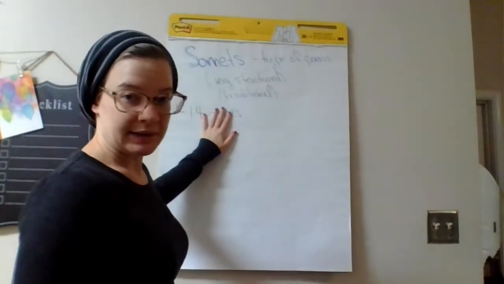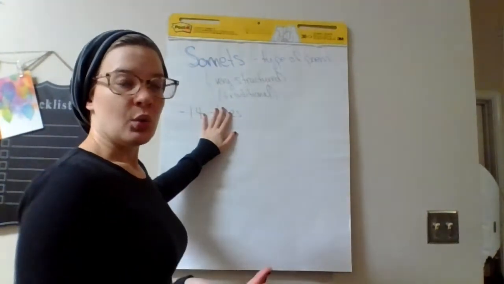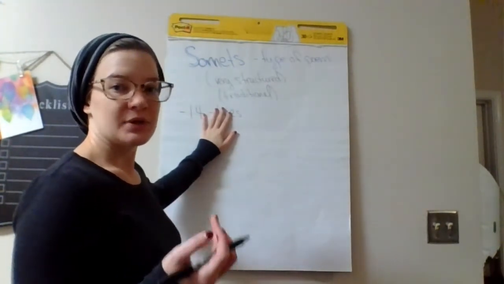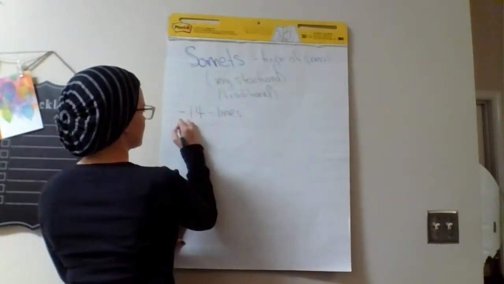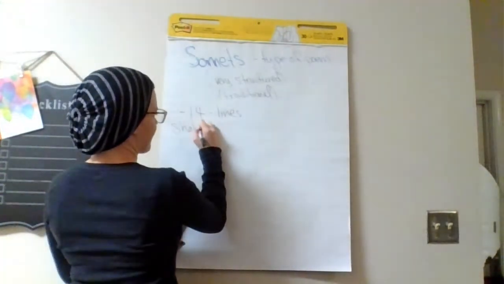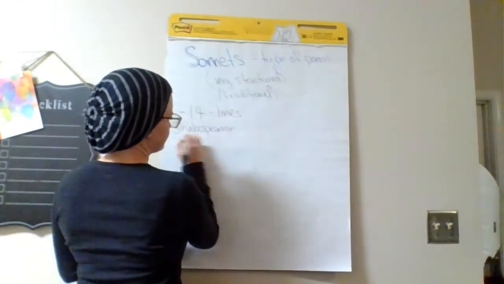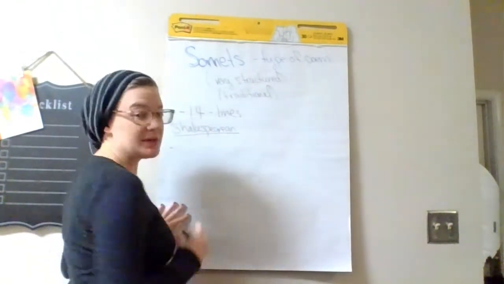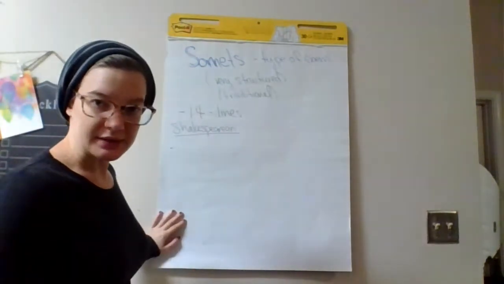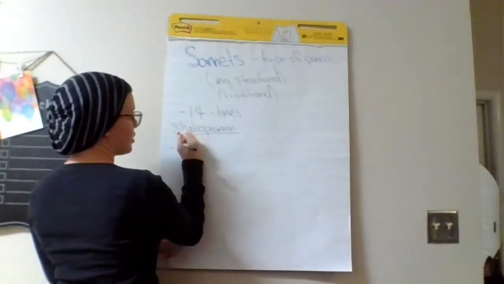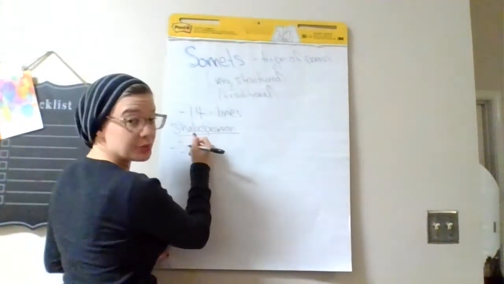In that 14 lines, when you're looking at Shakespearean sonnets or English sonnets, that means you're going to have a couple of important things. First of all, you're going to have what are called quatrains. You're going to have 3 of those.